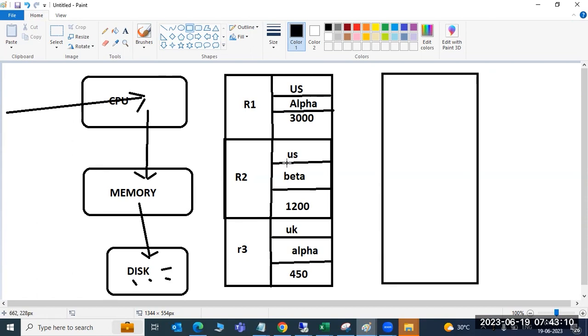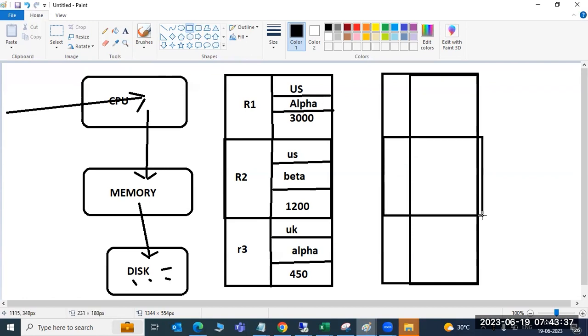Now the same data, how will it be stored? Here these are the columns actually. This is column 1, this is column 2, column 3, right?